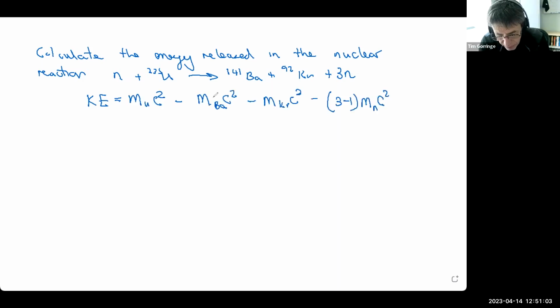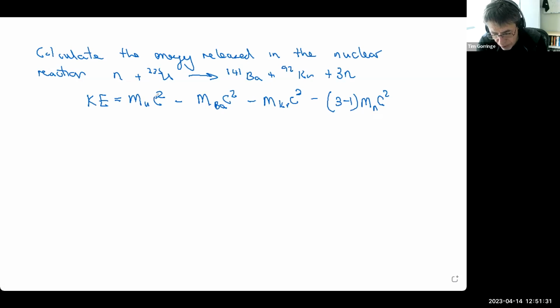So here's the equation, and it's got over here on the left-hand side the kinetic energy that is released. It uses Einstein's famous equation that the energy equivalent of a mass is mc squared, and it applies that equation to the parent nucleus, in this case, which is uranium.